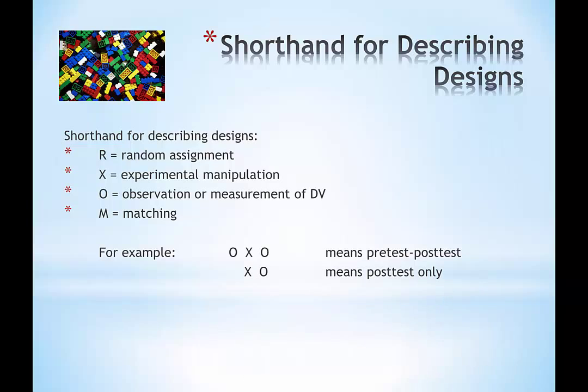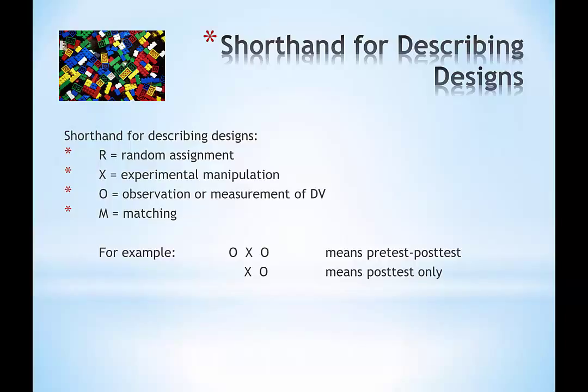If you saw just the X and the O, that would mean a post-test only. And probably a good example of this, and of course there's hundreds, if not thousands of examples, would be you're enrolled in a course at a college or university, and at the end of the course, you're going to do an evaluation. So you can think of the course as the X, the experimental manipulation, something's being done, and the O is the measurement of the effectiveness of that course.